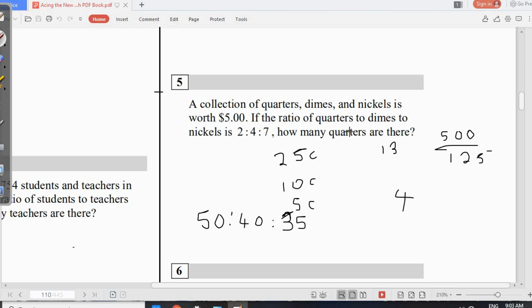So what does the 4 represent? It represents the multiplier for each unit of these. So multiply the 4 by 50 here, and so on.